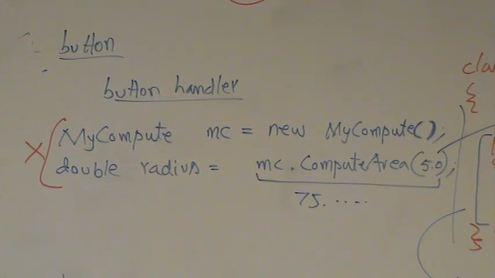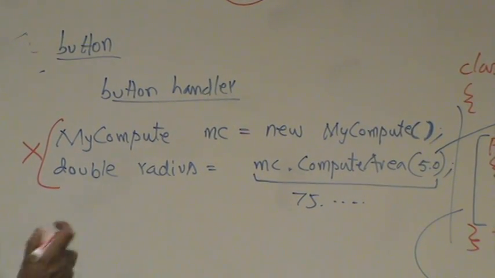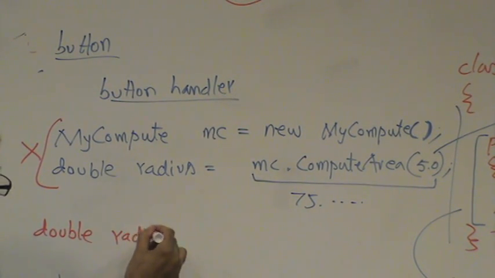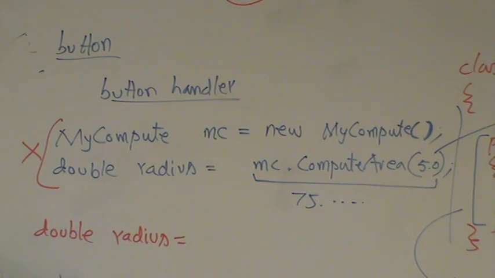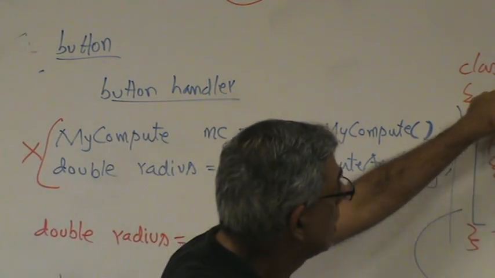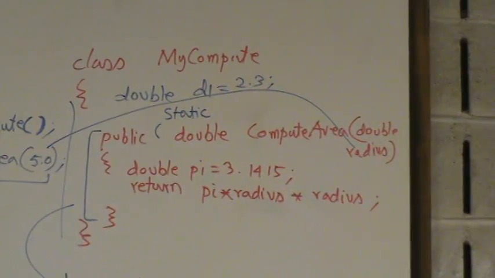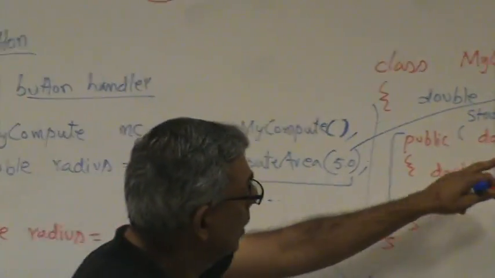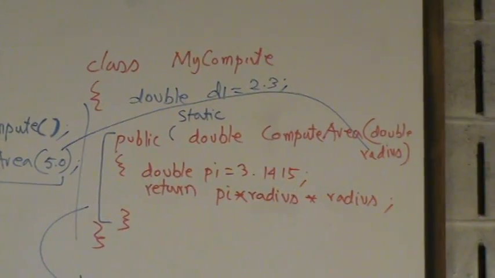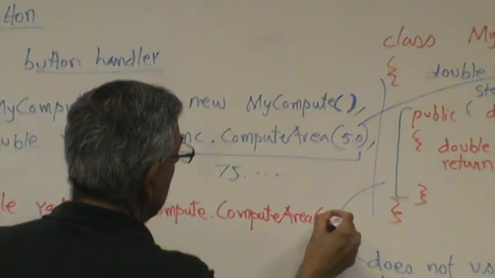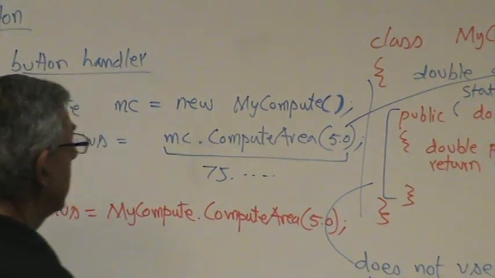Because it's static, meaning totally self-contained, our calling code will now look like this. Radius equal to, so name of the class, which is MyCompute, dot, name of the function, which is compute area, and then whatever parameter you wanted to pass it.